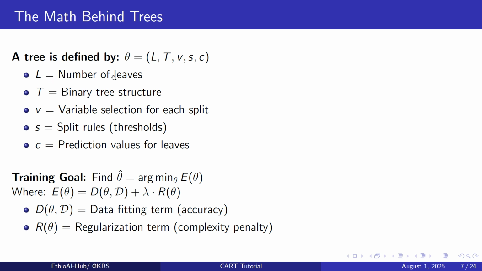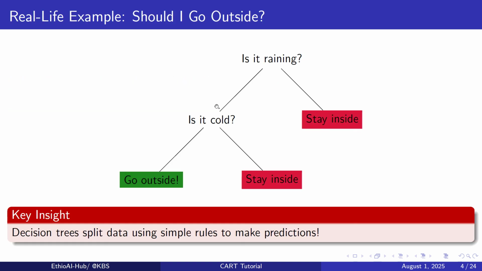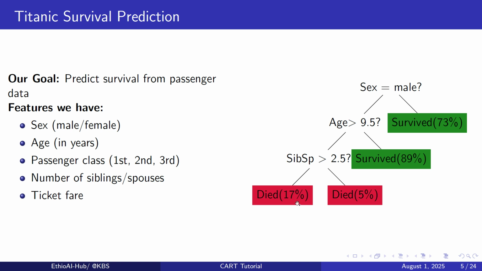L is the number of leaves, T is the binary tree structure, or generally the tree structure. And so leaves ማለት ልክ እንደ አናሎጂውን በዛፍ ማየት ትችላላችሁ. So a leaf is the last age, right?